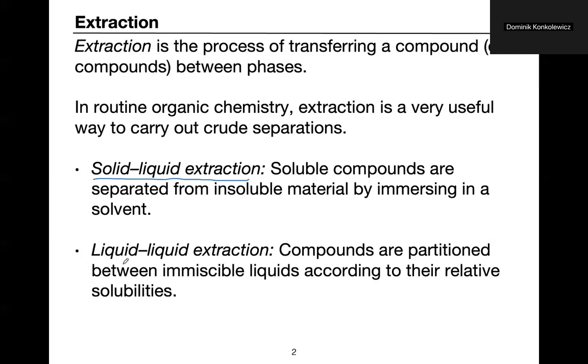So that can be things such as toluene, hexane, ethyl acetate. It can be things like dichloromethane or chloroform. These are all examples of organic solvents, organic liquids, which are not miscible with water.